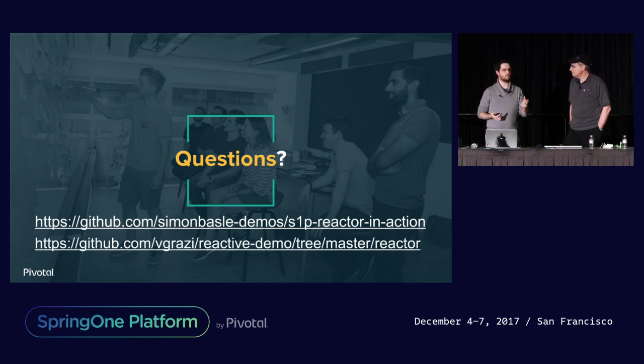But there's a way to bridge from the asynchronous world of reactive streams to the blocking world of legacy services. We provide a block method, block or blockLast in the case of Flux. You use that and you get the result synchronously.